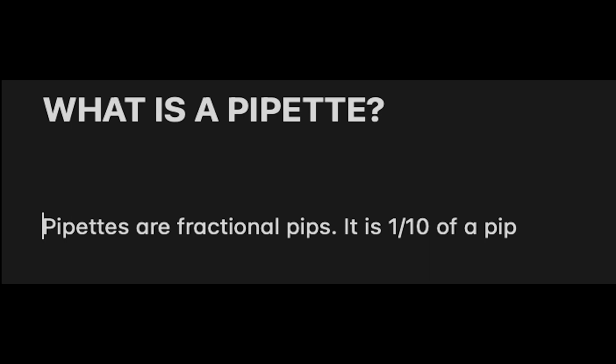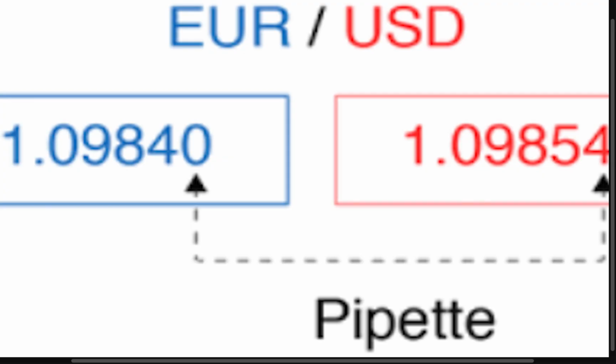We also have what we call pipettes. Pipettes are the fractional pips. They are the smallest unit of a pip. Sometimes you see something like a fifth decimal place in your display of a currency pair. The fifth one is called a pipette. It is irrelevant in trading because it doesn't amount to much while calculating your profit with your lot size.